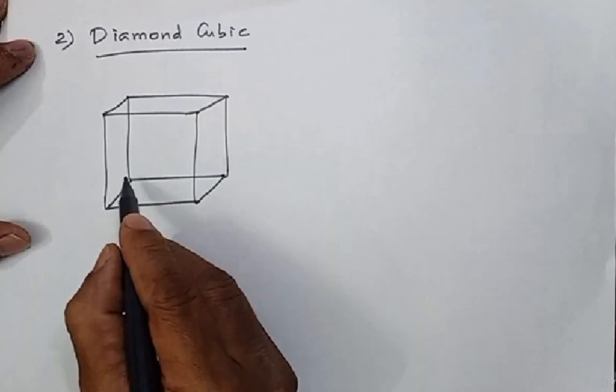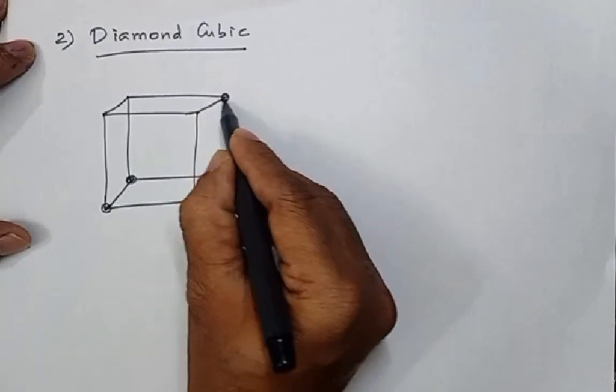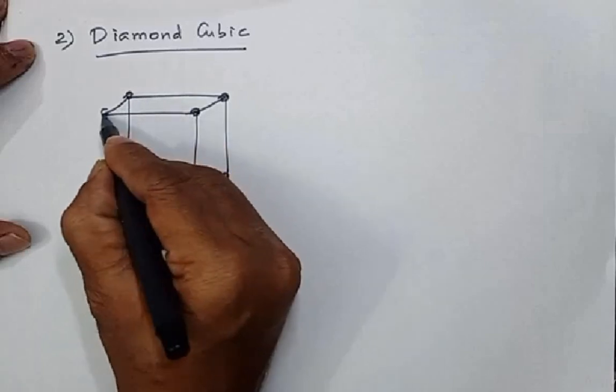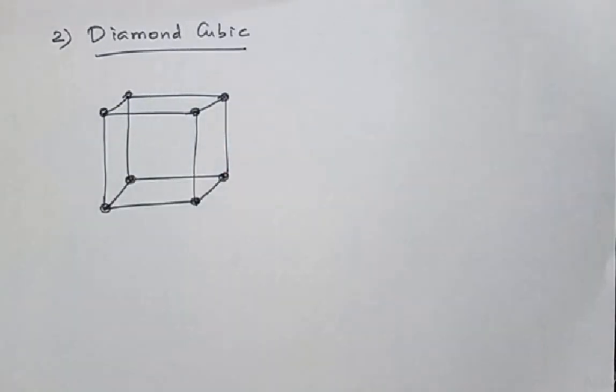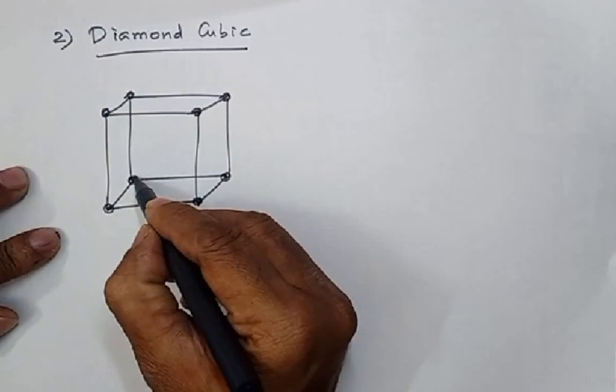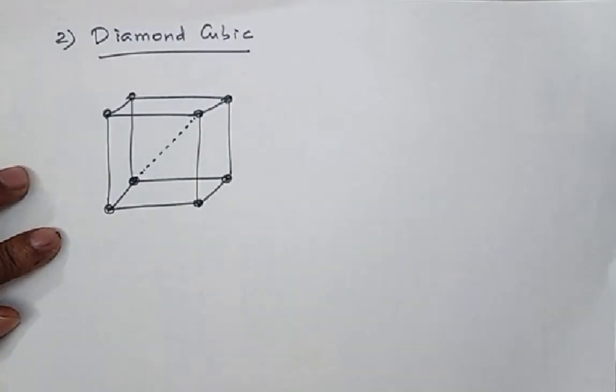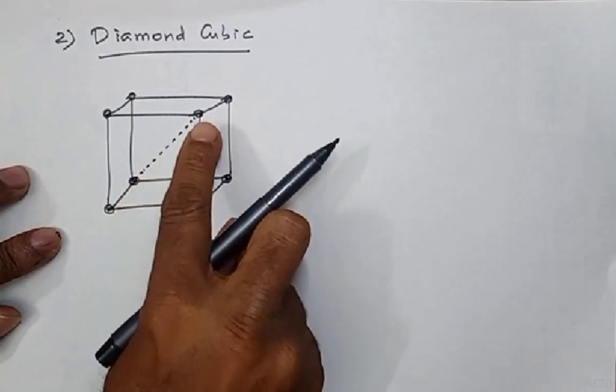In diamond cubic crystal, you place atoms at the corners. All the corners are occupied. Now, listen, I am going to draw diagonals. Observe carefully. Let me draw one diagonal here, from this corner to this front corner.